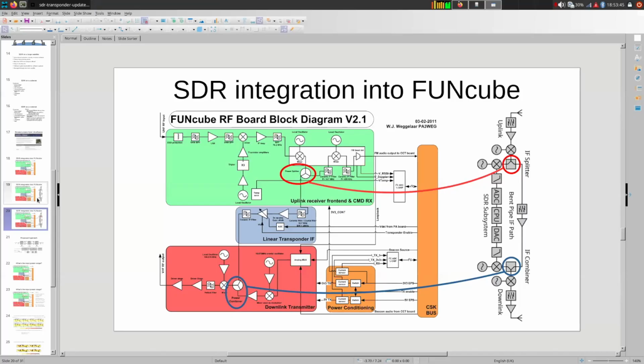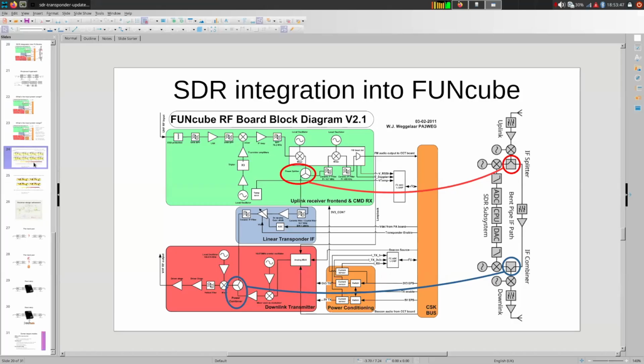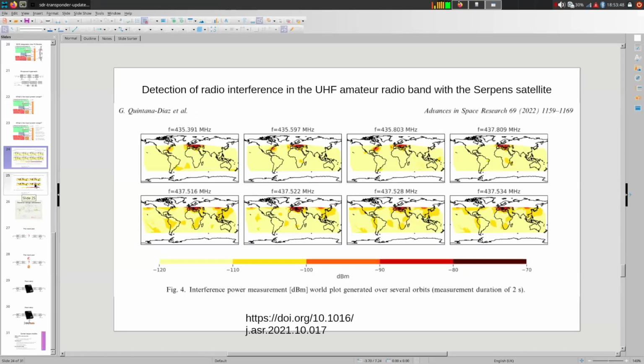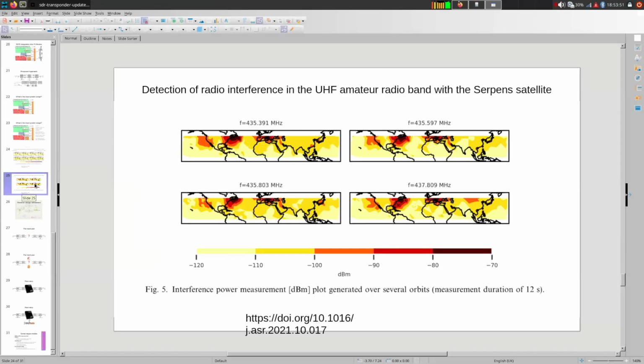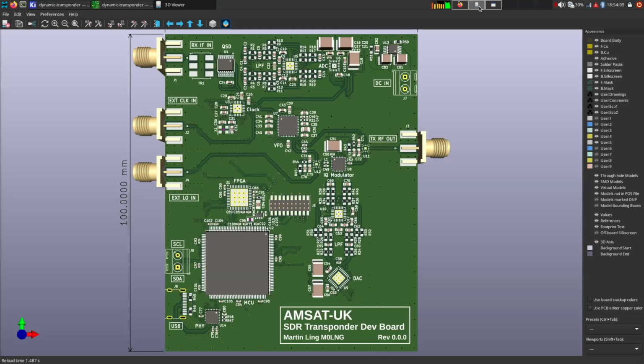And in the talk, I showed some data captured from the Serpent satellite, illustrating just how strong the interference is in the 70 centimeter band, especially over Europe and over the east coast of the US and so forth. So that's kind of the motivating idea.